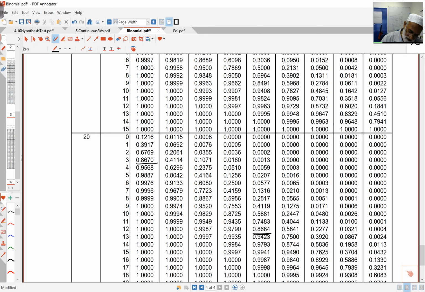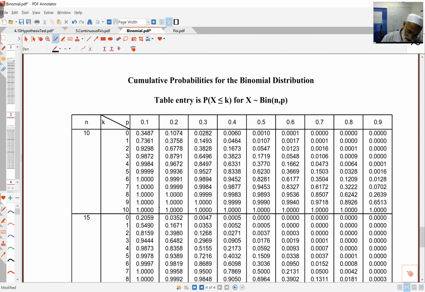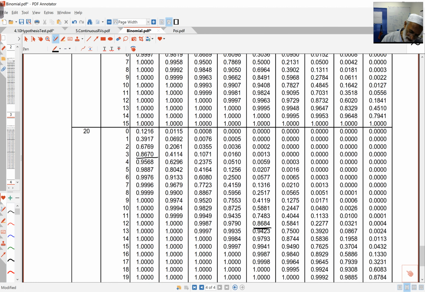Let me just check that. This 0.1, cumulative, 20, less than or equal to 3, 0.8670.